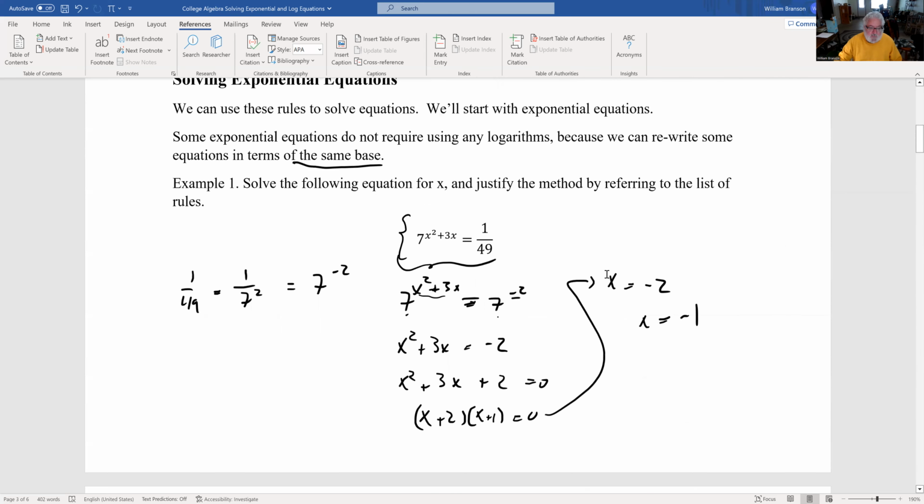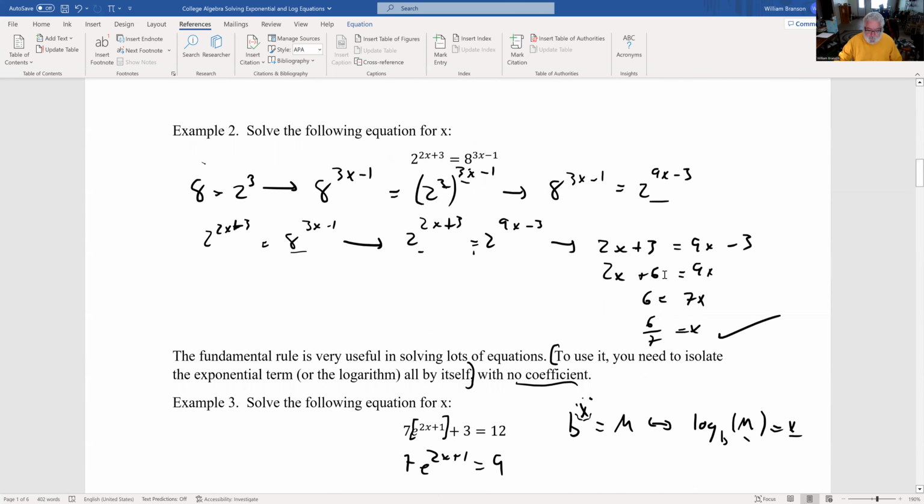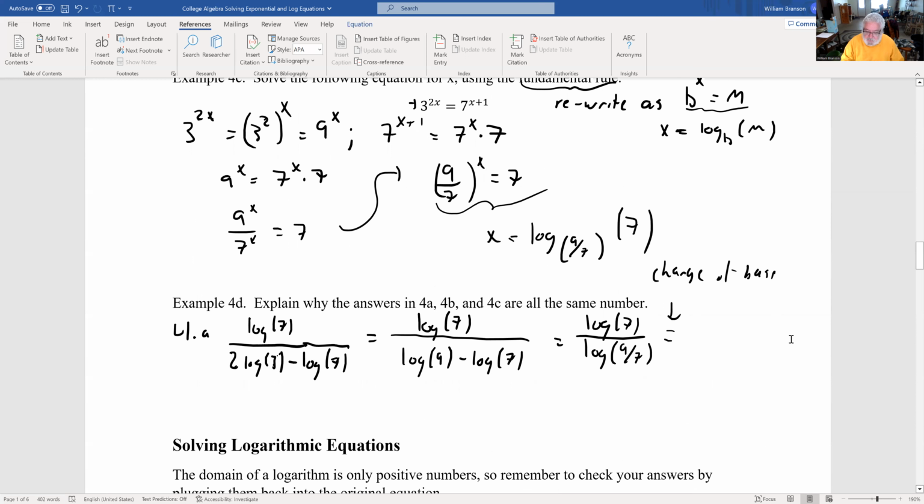Where's my change of base theorem? There it is, right? Same base. I can rewrite that as log base b, that's this thing, of m. So change of base tells me that this will be log base 9/7 of 7. And that's the same thing as this.